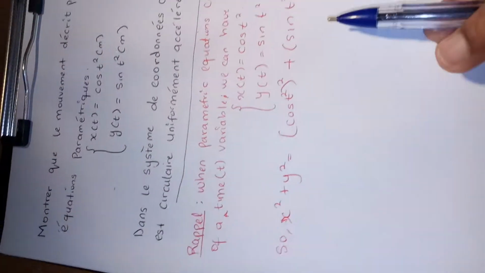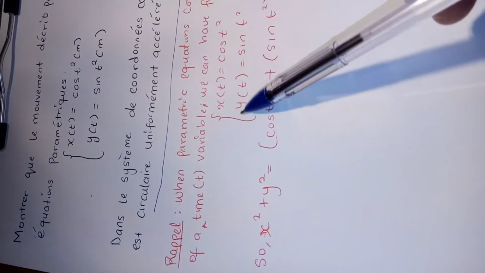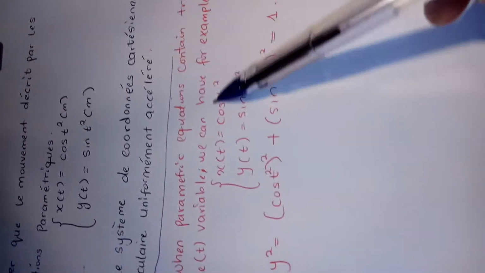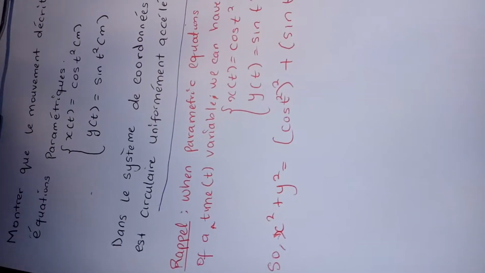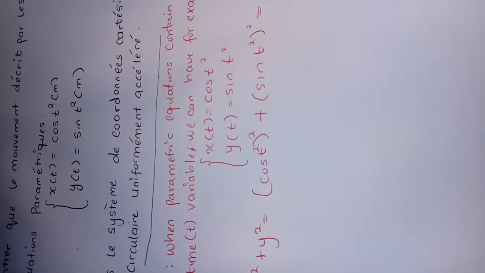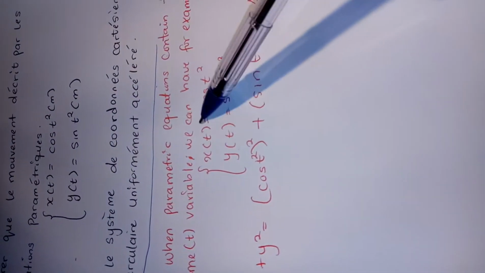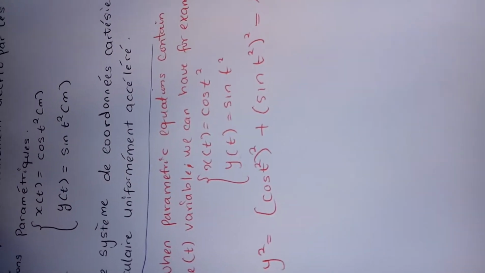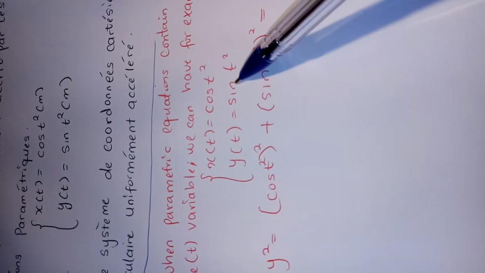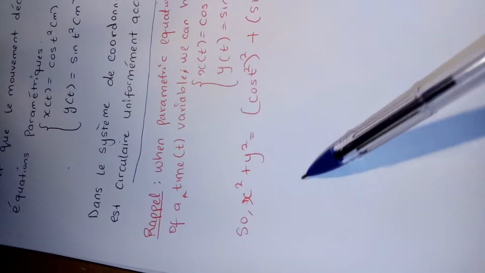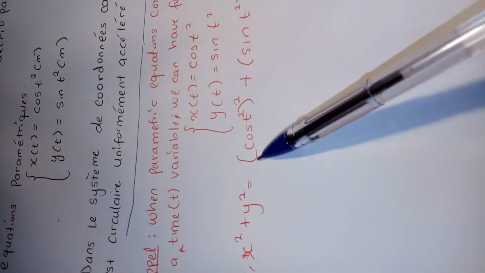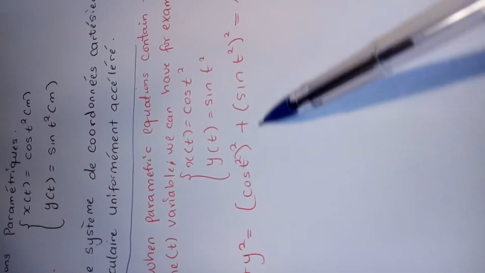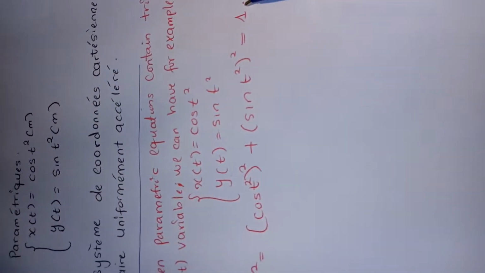And just right here we have a rappel which states that when parametric equations contain trig functions of a time variable t, we can have, for example, x of t equal to cosinus t square, and y of t equal to sinus t square, so that we can have x square plus y square equal to cosinus t square square, because we know this relation in a trig function will give us 1.